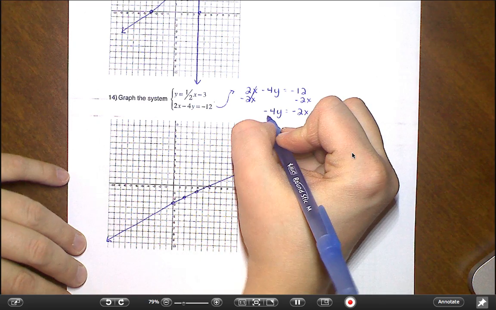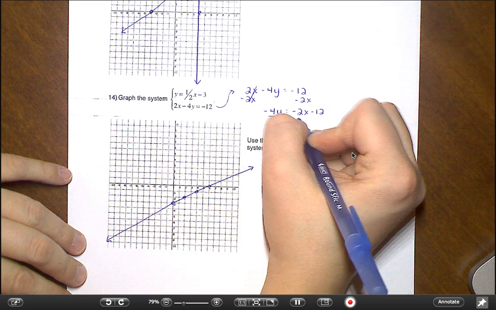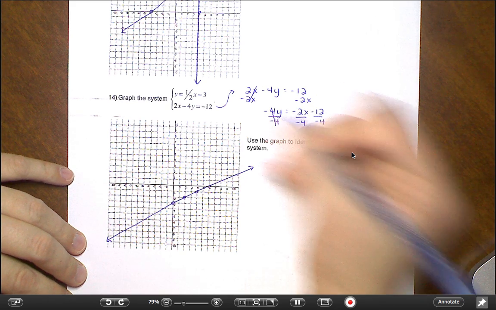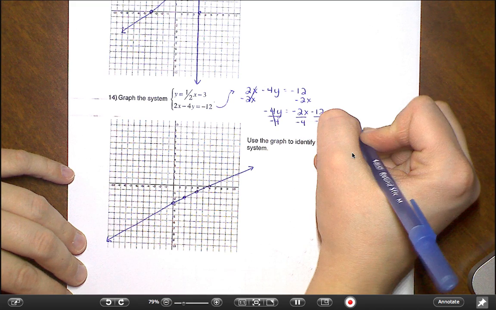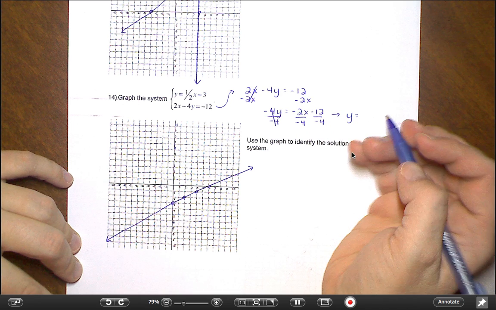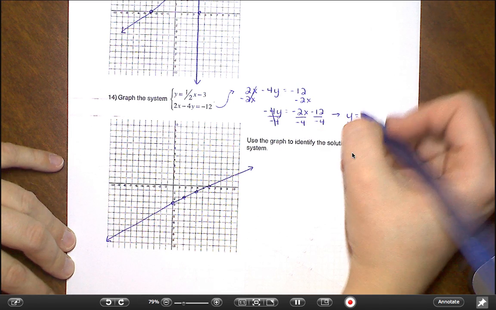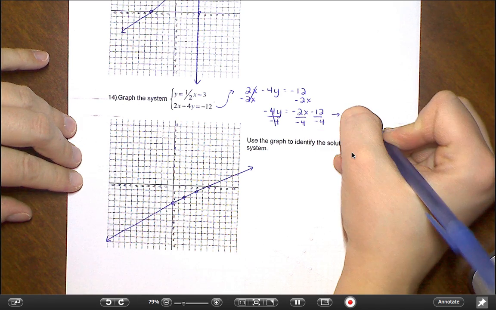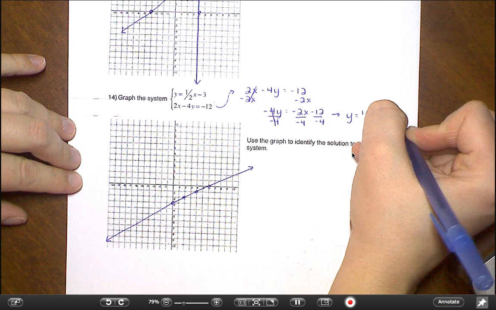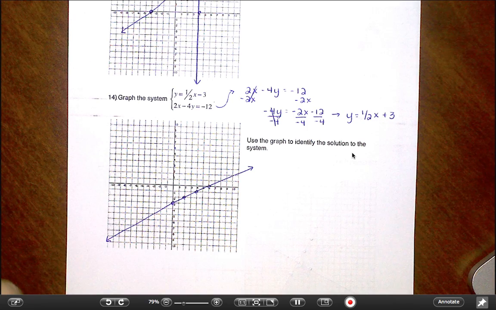And then I would divide everything through by my -4. And when I rewrite it, it would look like this. Y equals -2 over -4. 2 over 4 reduces to 1/2, and then my two negatives would make a positive, so this would be 1/2 x. -12 over -4 is +3. So 1/2 x plus 3.